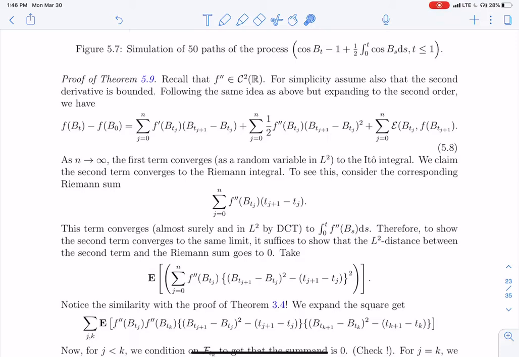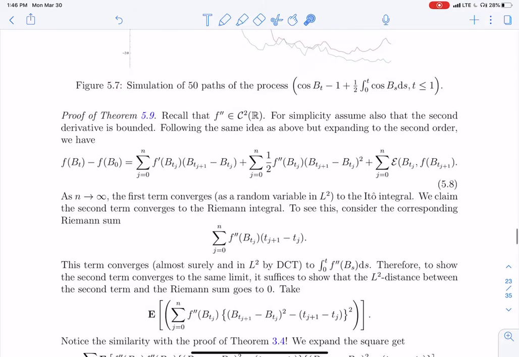Then you do the same idea. I can write f(B_t) minus f(B_0) as the telescopic sum of my increments. I'm just rewriting it. Then the power of calculus enters: I think of t_j very close to t_{j+1}, and I use Taylor on this increment.